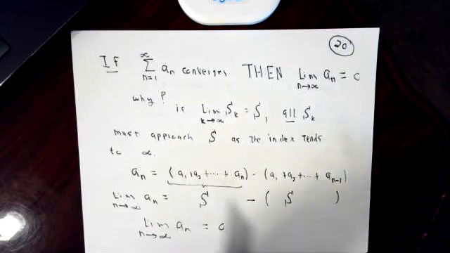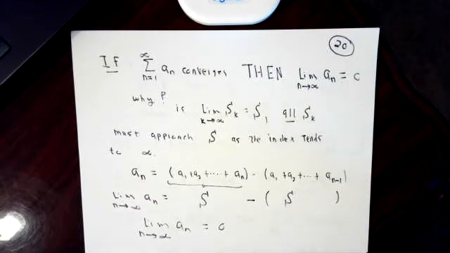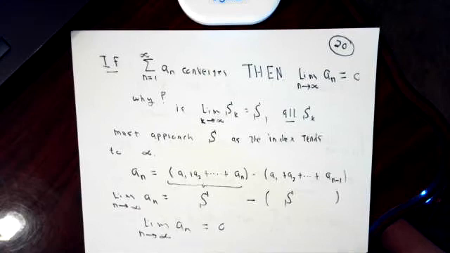Why? If this series converges, then the limit of the partial sums must be some particular number, which I'll call S. What that means is, if I make the index on a partial sum really big, I can make the partial sum look as much like S as I want.